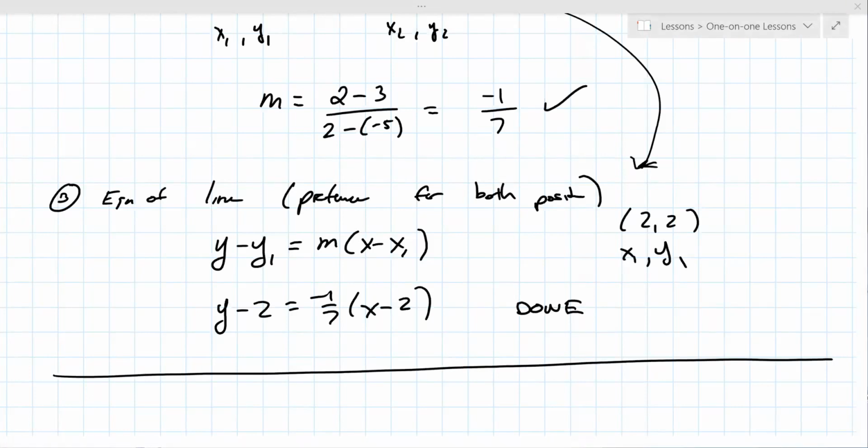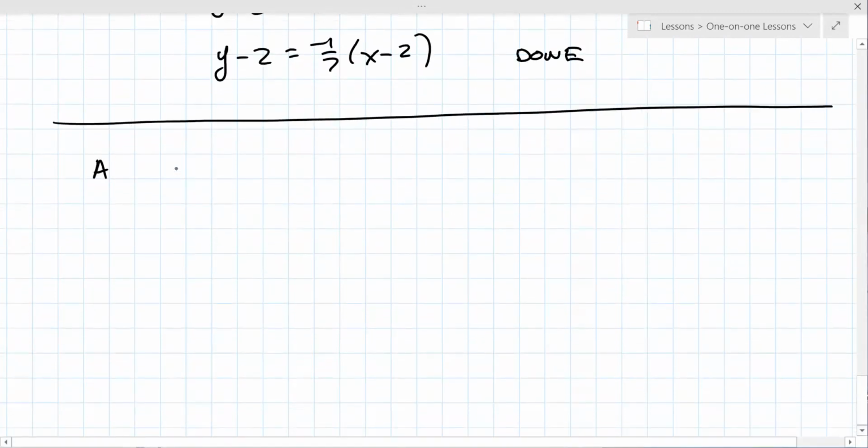Let's do another example. So I'm just going to make something up. Let's say A has the ordered pair negative 3, negative 4. B has the ordered pair negative 6 comma negative 7.